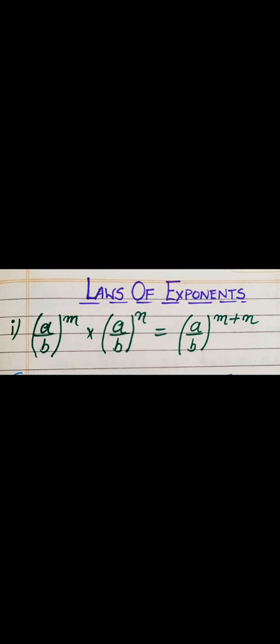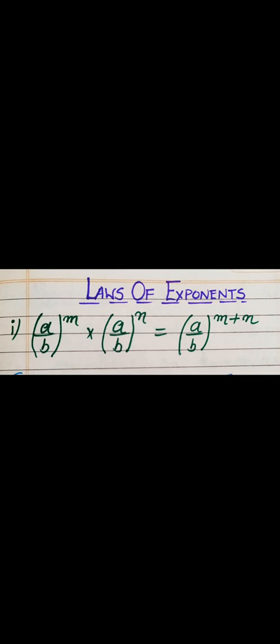Like as you are seeing, the first number is (a upon b) to the power m and (a upon b) to the power n, the base is the same, a upon b. Now their powers will be added. You will get (a upon b) to the power m plus n.